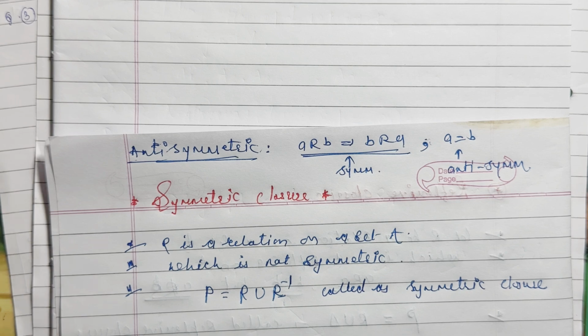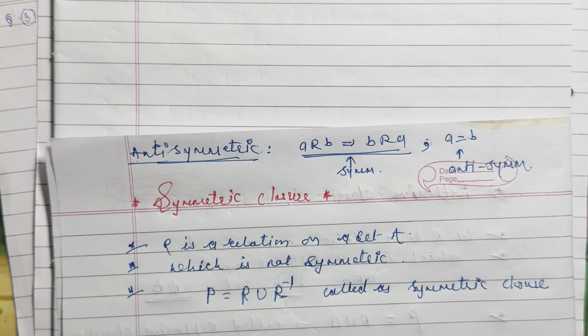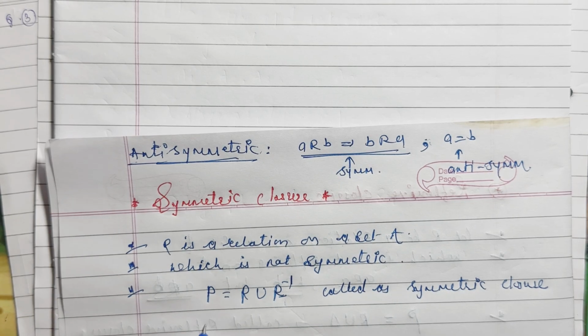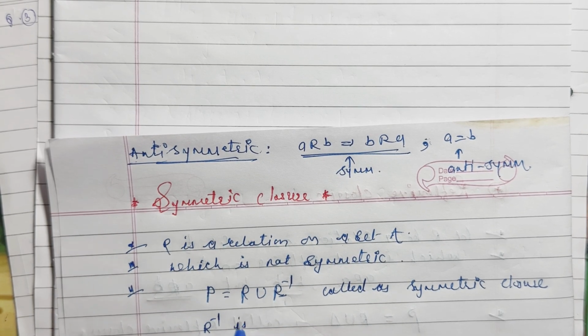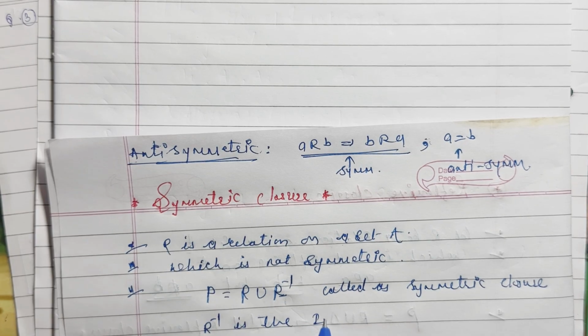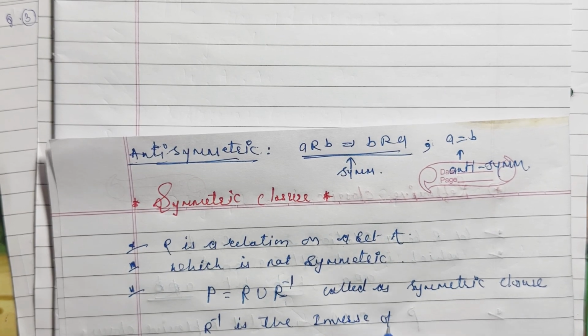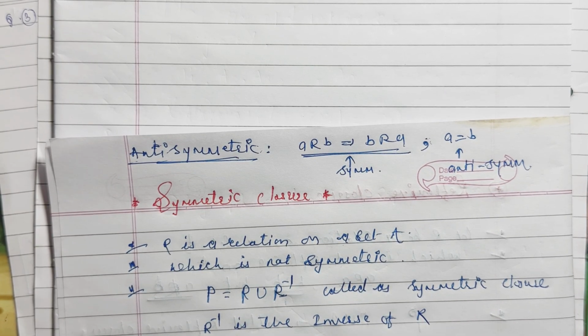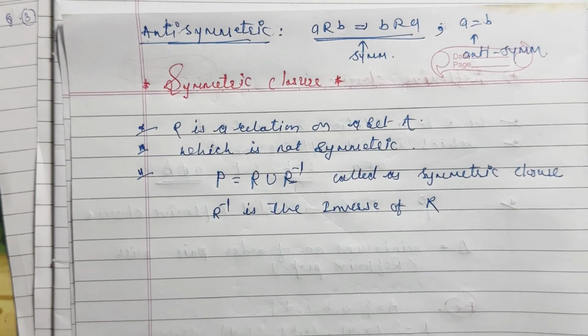I'm not adding more theory here, so we go directly to the example. Let me take R inverse. What is R inverse actually? R inverse is the inverse of R. Let me tell you in the form of ordered pairs how the inverse can be written.